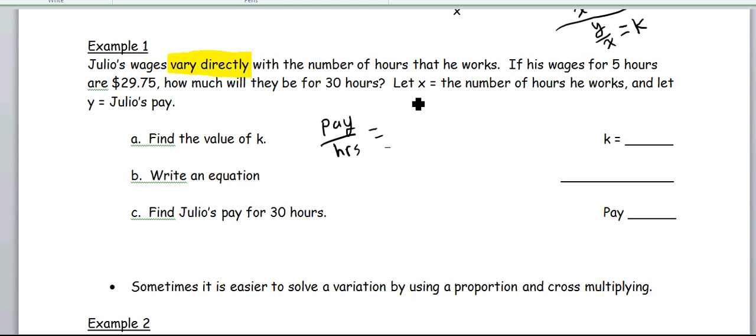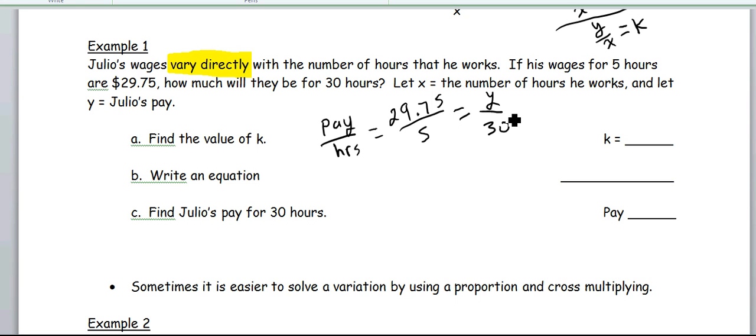We know that $29.75 is for 5 hours, and then we know the hours would be 30 here, and so we're going to solve for y, Julio's pay.